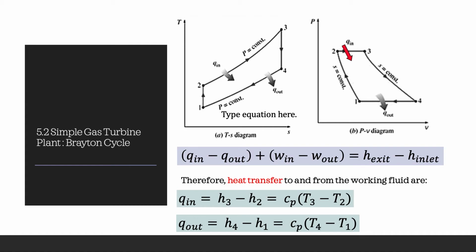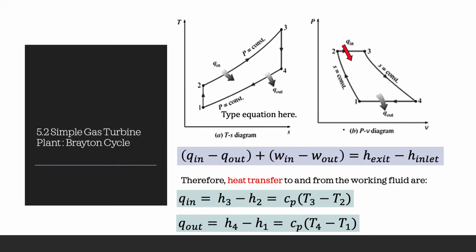But in the Brayton cycle, we are interested in gas. Therefore, we convert H to Cp (T3 minus T2) because it occurs at constant pressure. That is why we use Cp.